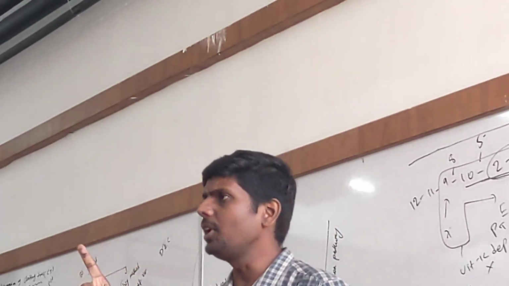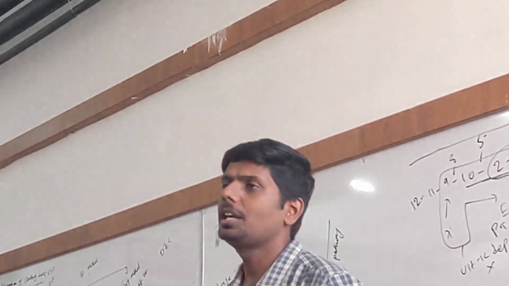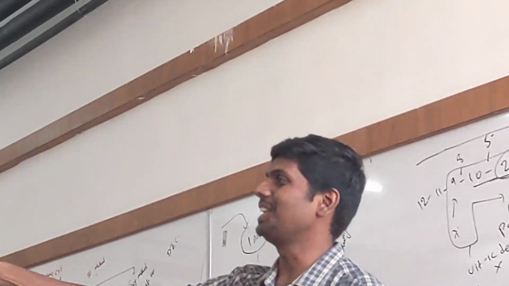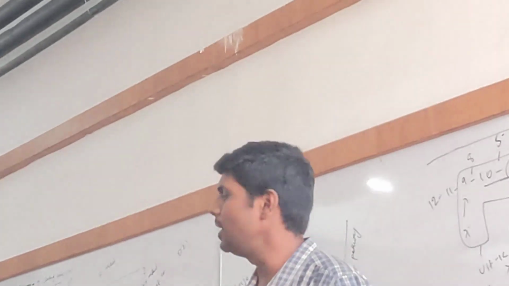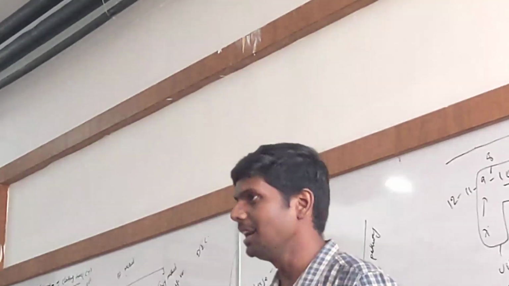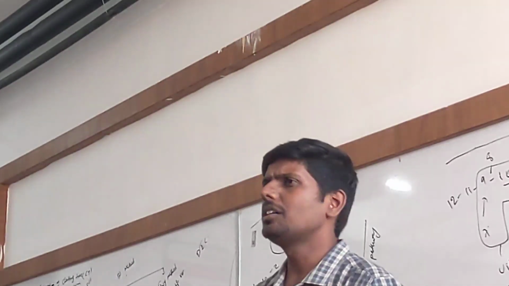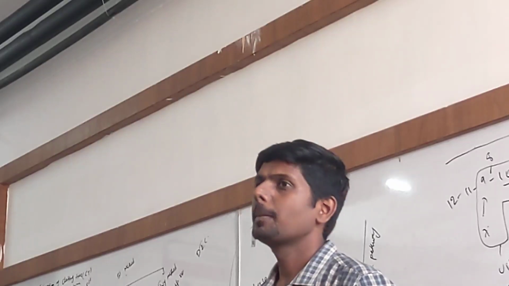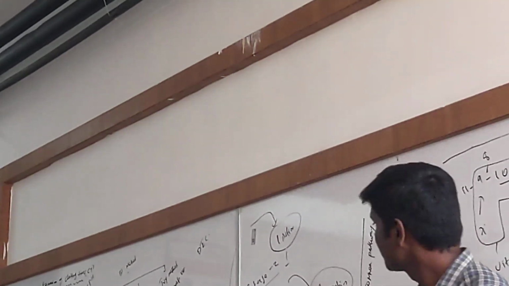In case of hemophilia, what clotting factors are deficient in A and B? Factor 8 and factor 9. Factor 8 in hemophilia A and factor 9 in hemophilia B. What are the symptoms of hemophilia? Excessive bleeding. Okay, very good.